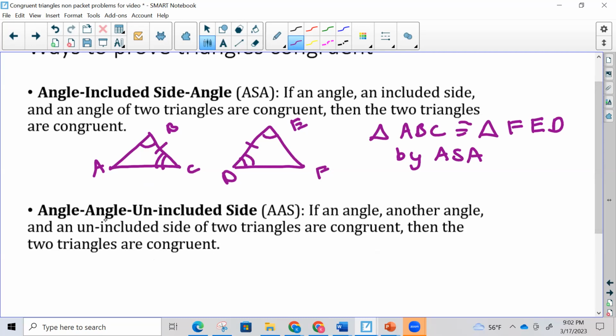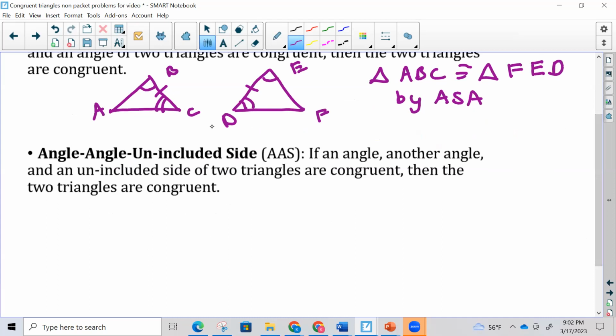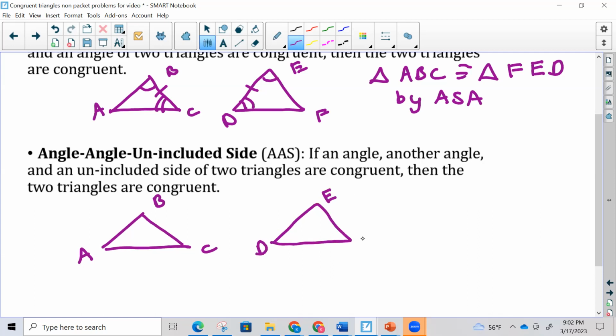The fourth way is angle, angle, unincluded side, which we just usually say angle, angle, side, which is AAS. And so this is similar to this one, but it's kind of a different order. So if I have the same setup, and I have these two angles congruent.